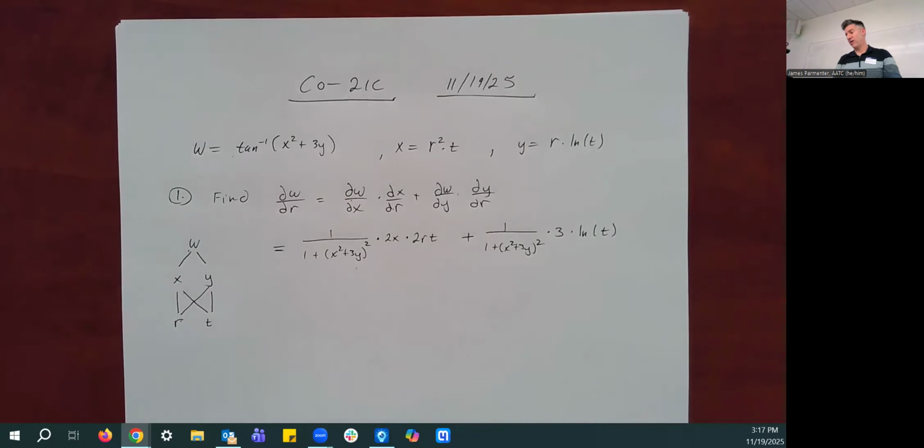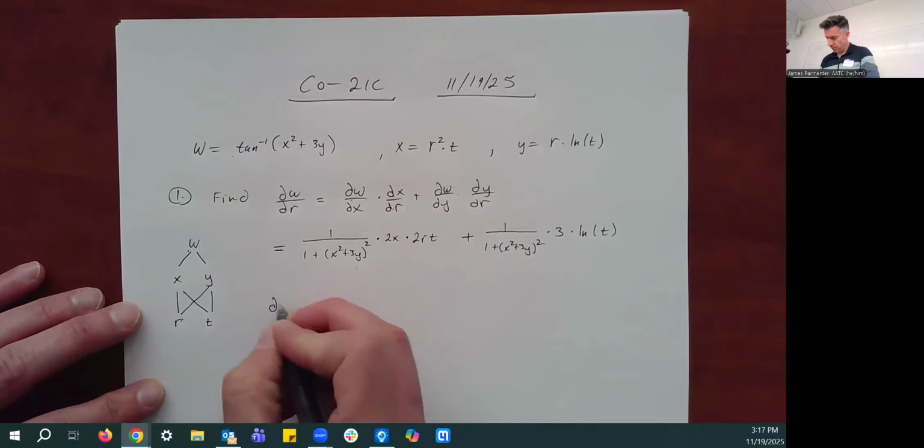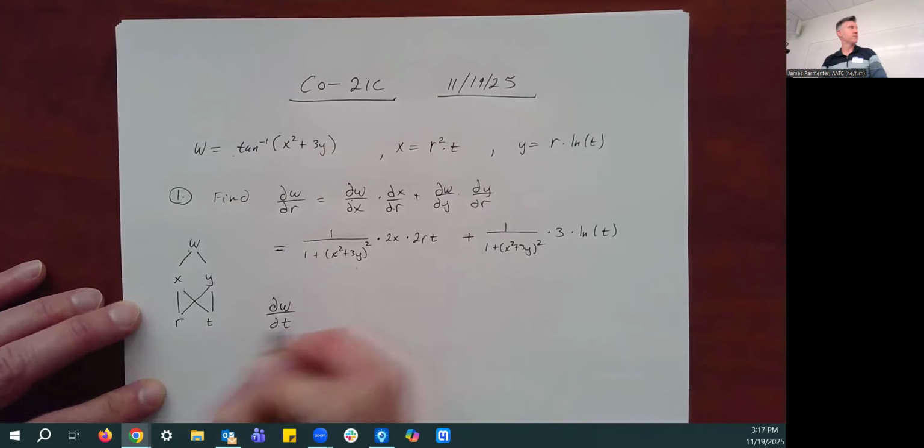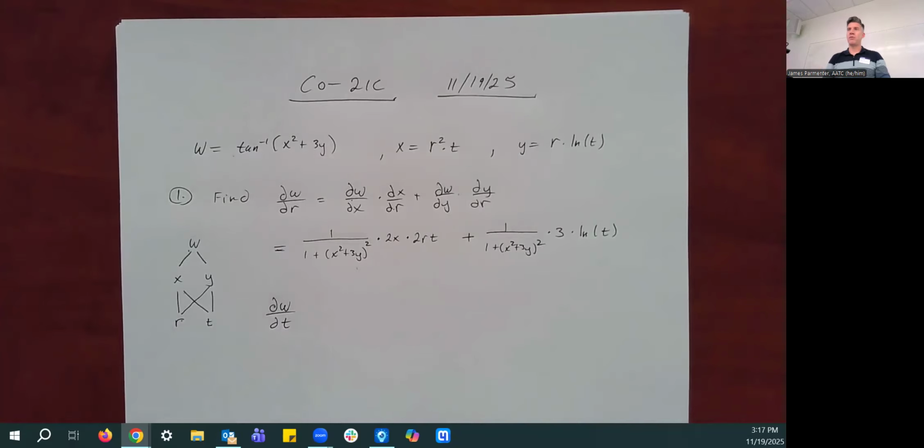So I would point out, it feels to me like a lot of this is just bookkeeping, in that you have to be very precise and careful about what is what and what we're differentiating with respect to. So I would like you all to take a minute to find del w del t, or maybe more than a minute, maybe 2 minutes.